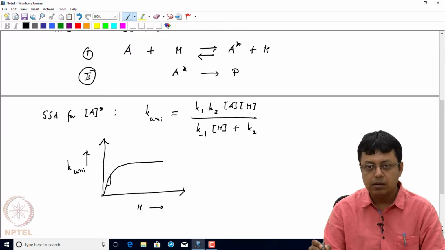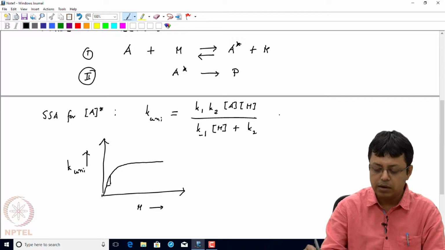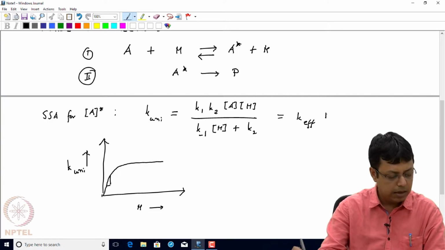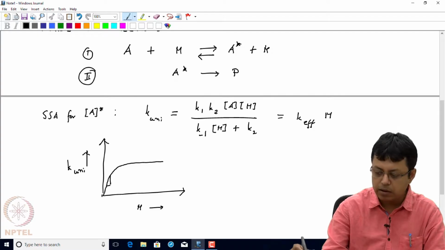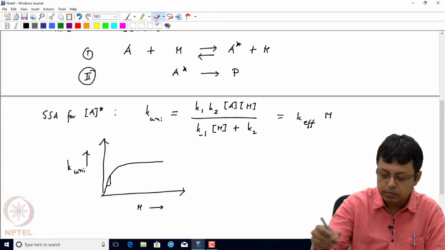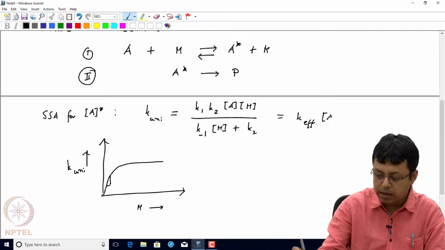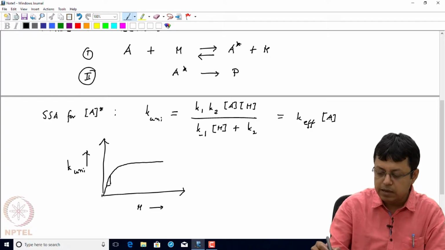you will have the apparent rate constant, which we can write as k effective times A, where k effective is this entire term.